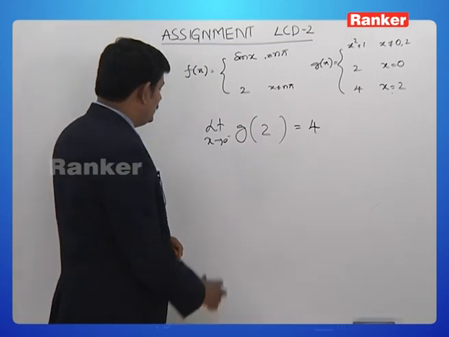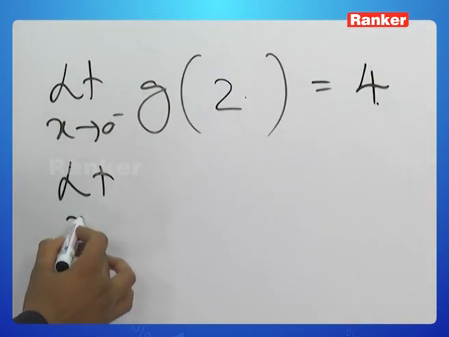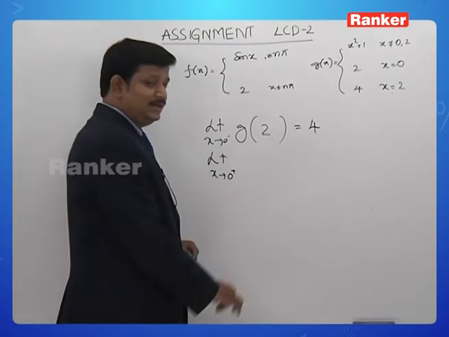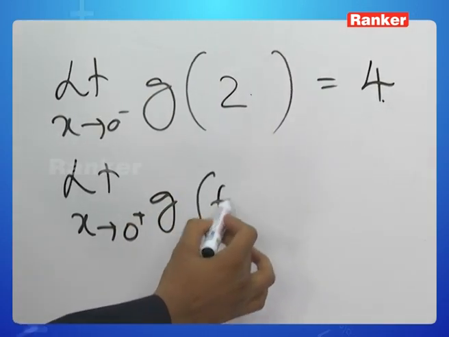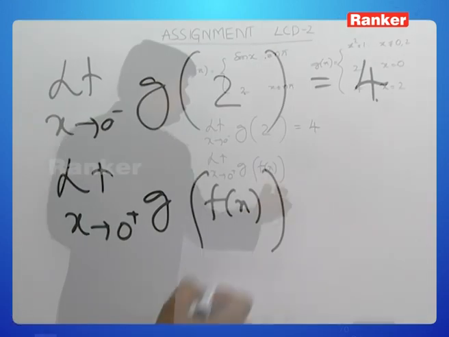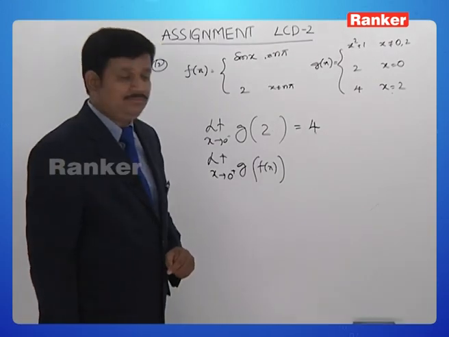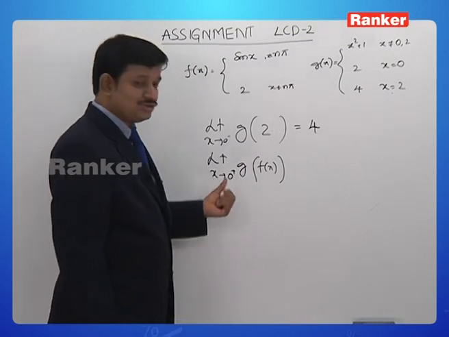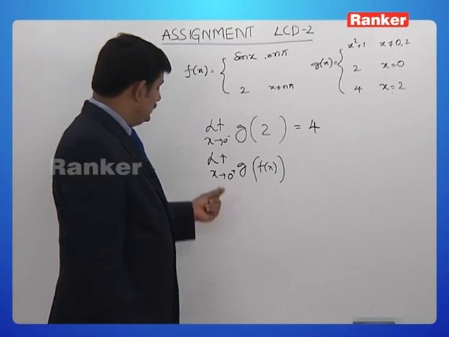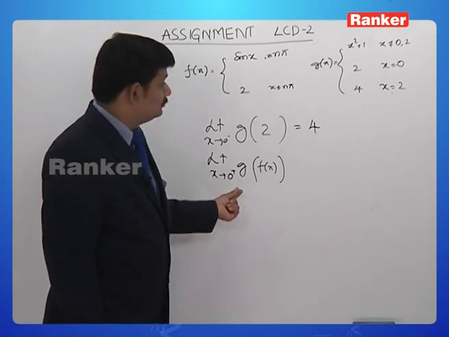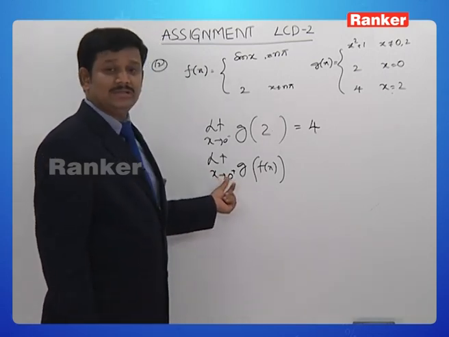Now, let us evaluate right hand limit. Limit extending to 0 plus g of f of x. When x is tending to 0 plus, x is slightly greater than 0.